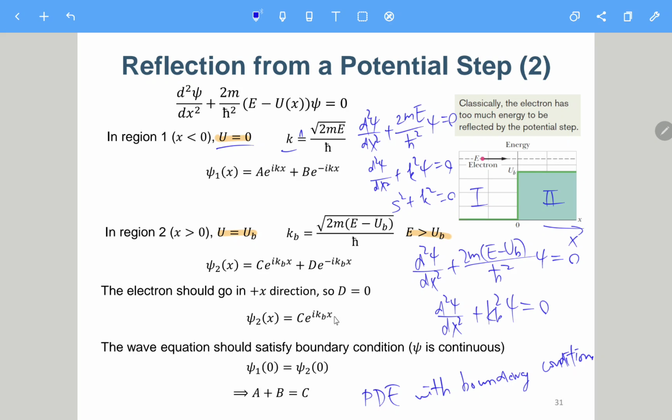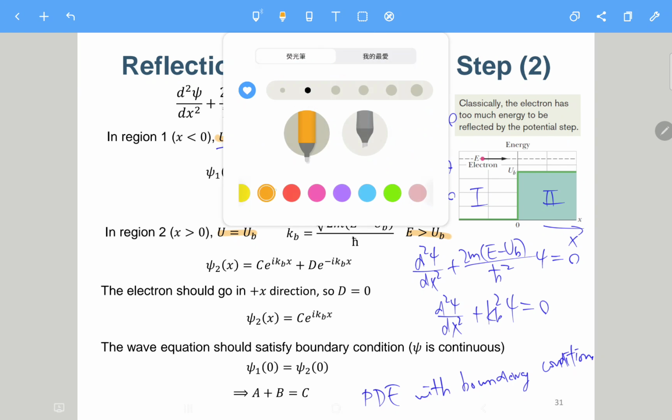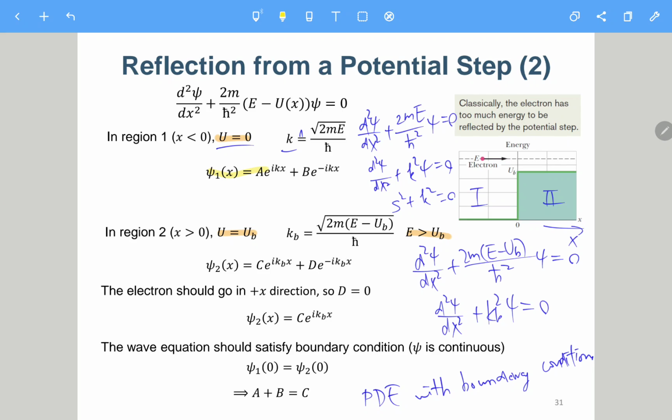So we only take the first term, c times exponential to i kb x. And now we have found the solution. This is the solution for region 1, and this is the solution for region 2.